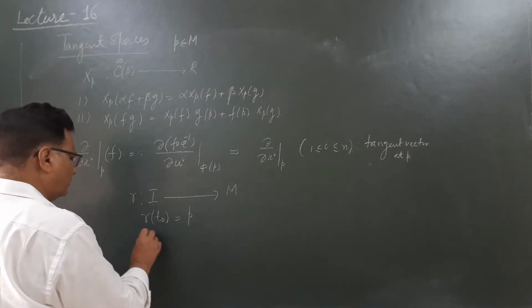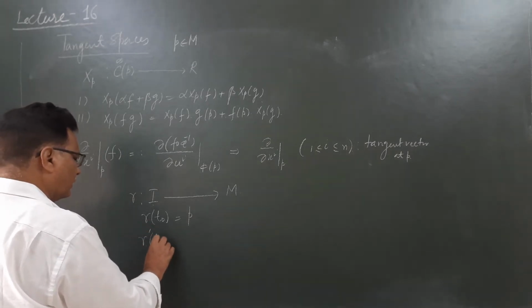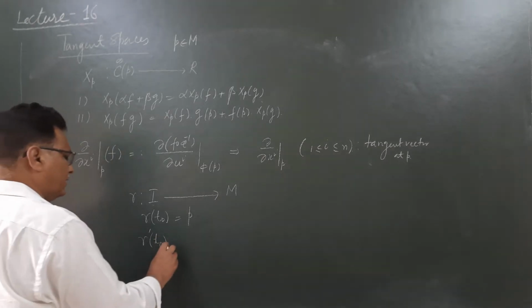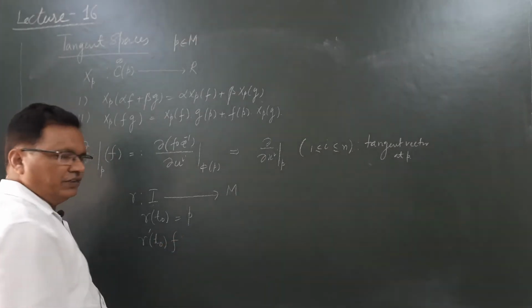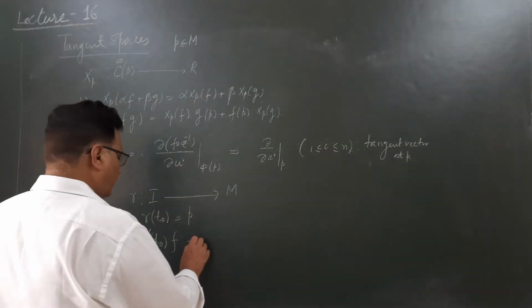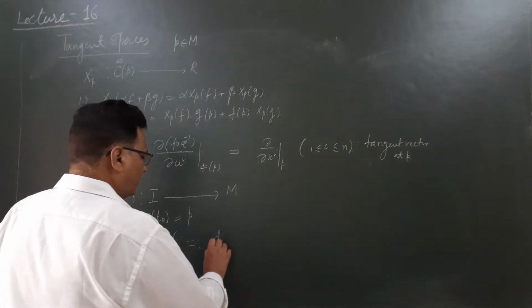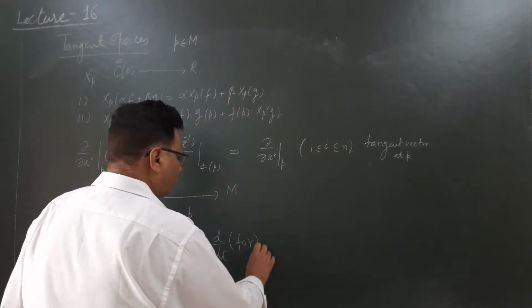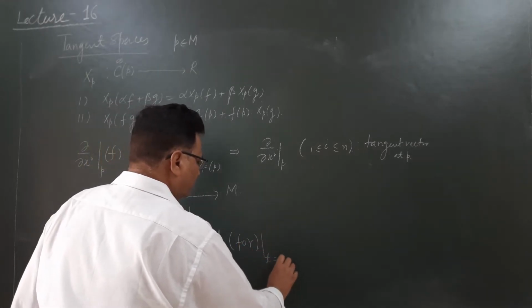Then we can think of this symbol gamma dash t naught. We define this object as a map on the space of functions by d by dt of f composed with gamma, evaluated at t equal to 0.